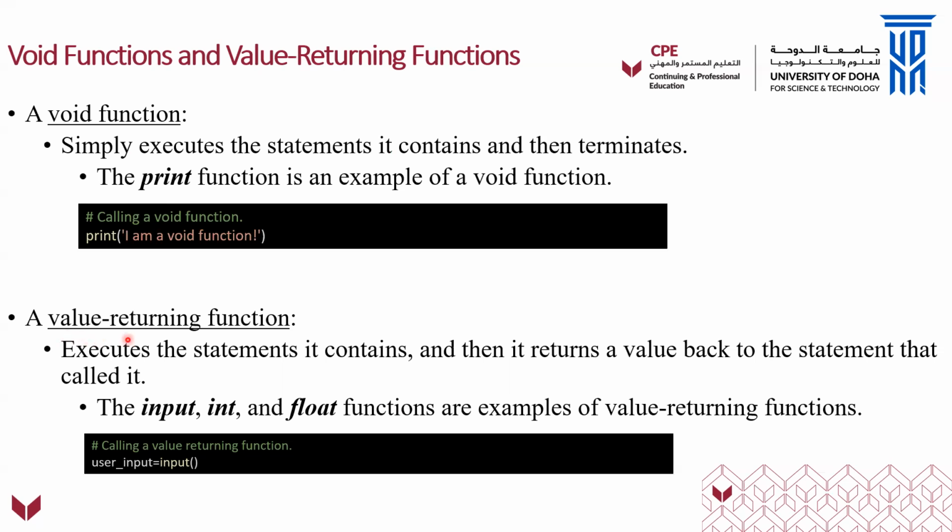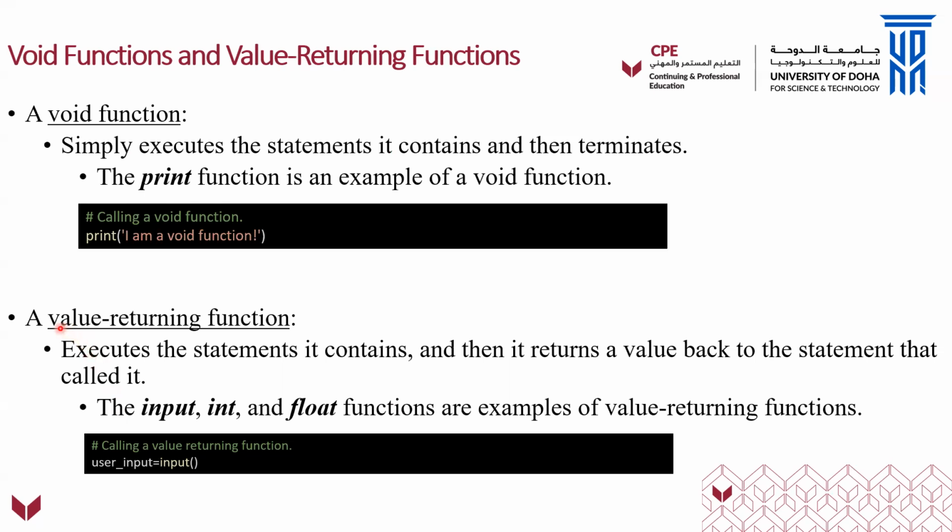While a value returning function, whenever you call it, will return a value, such as input, int, float. As an example here, input parentheses means I will call the function input, and I will be expecting an input from the user, and this input will be saved in the variable user underscore input.